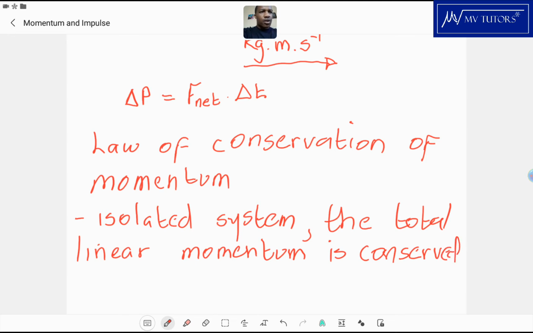That's why it's called the law of conservation of momentum. So the momentum is actually conserved.